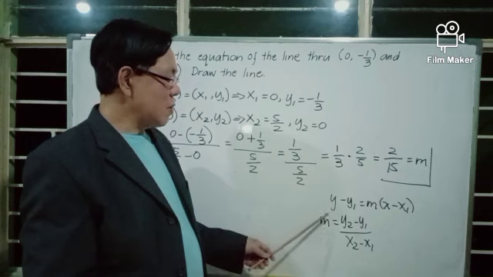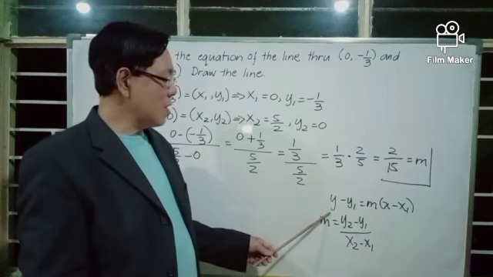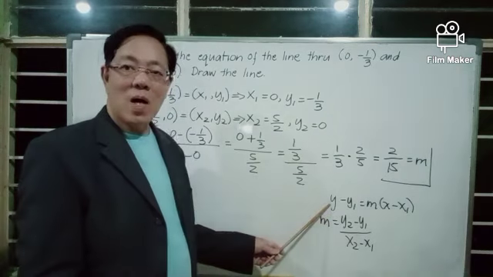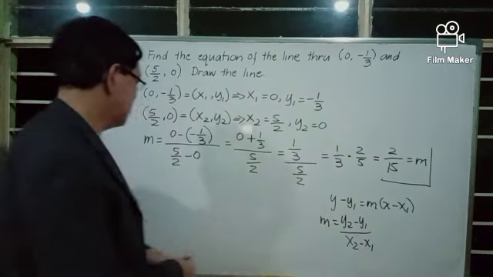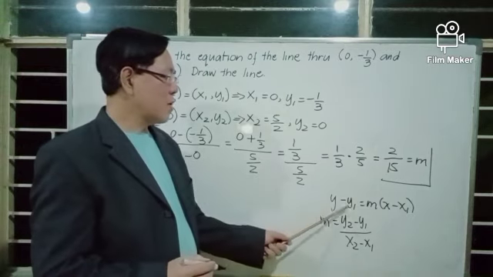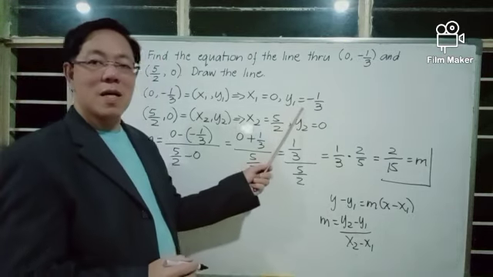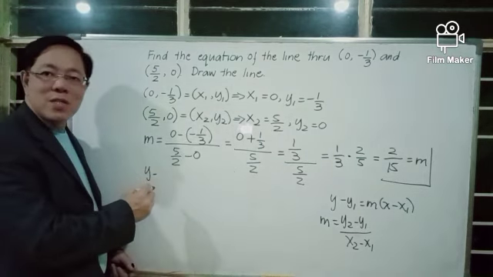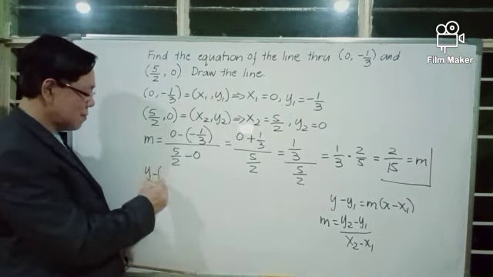After we get the slope, we now find the equation of the line using this slope point form. We have y minus y1, our y1 is negative 1/3. And we write negative 1/3 in open close parenthesis.